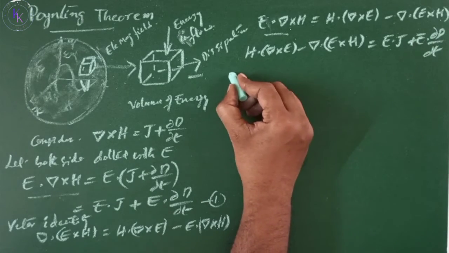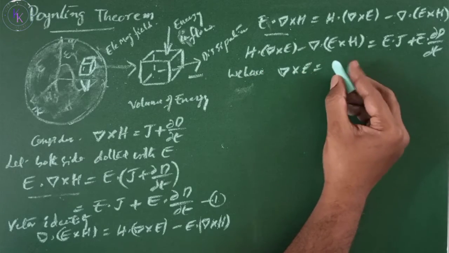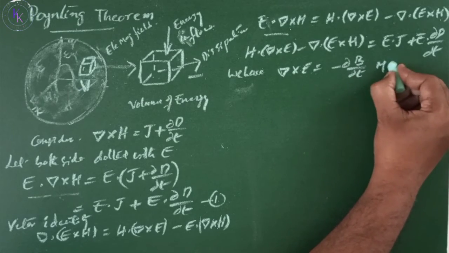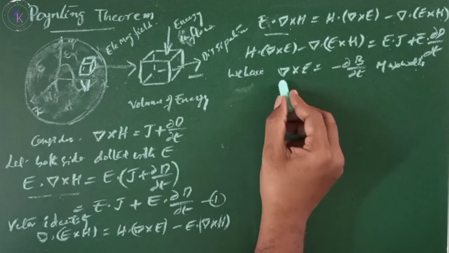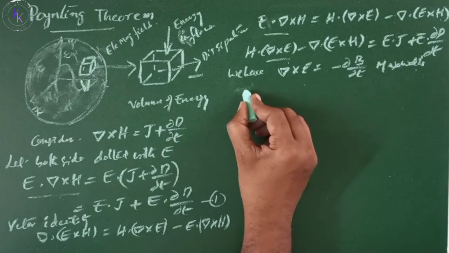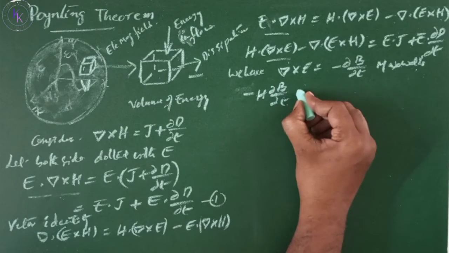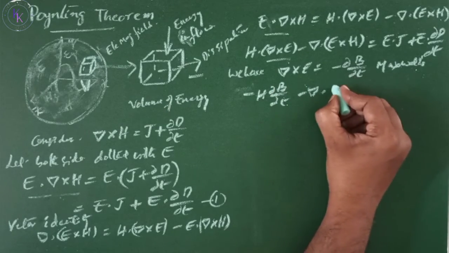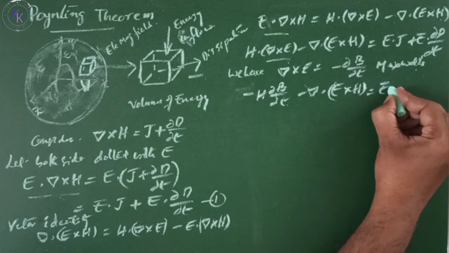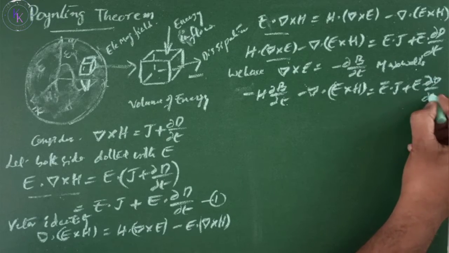But we have del cross E equals minus dou B by dou t. So this is also a Maxwell's equation. Substituting this value of del cross E in the above equation, we get minus H dot dou B by dou t minus del dot E cross H equals E dot J plus E dot dou D by dou t.